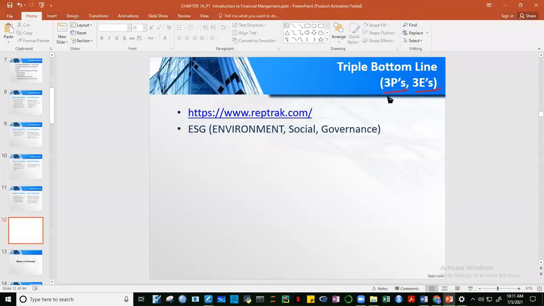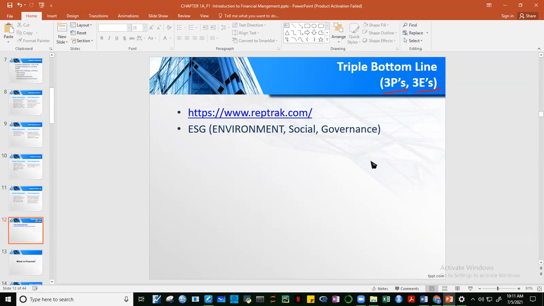Okay? Now, so that's what I mean by the triple bottom line, yung 3 P's or 3 E's. Now, if you open this, guys, pakitingnan nga nito. Kasi ngayon, in relation to 3 P's or 3 E's, meron tayong tinatawag na ESG measurement. No? Environmental, social, and governance. Ngayon, usong-uso na to. So napalitan na yung triple bottom line, ESG na yung sinasabi nila.